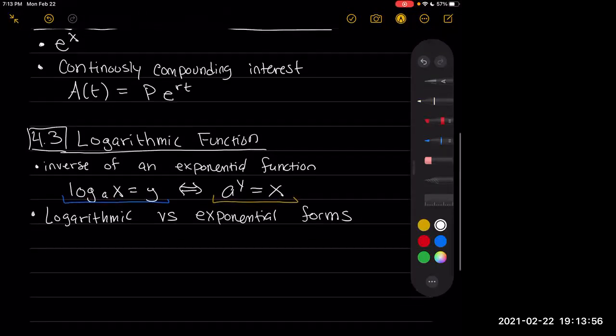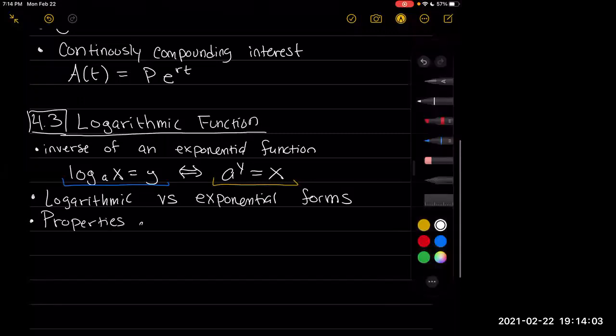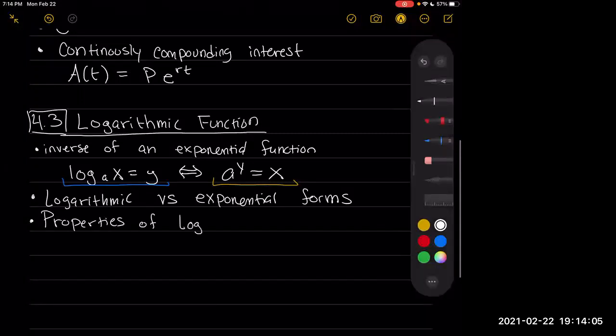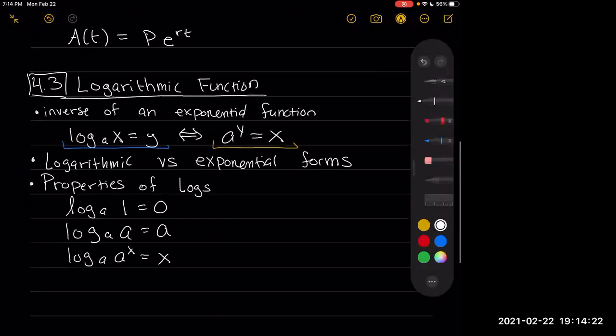And then we also learned the properties of logs. So we had that log a of 1 equals 0. Log a of a is 1. Log a of a to the x is x. And a to the log a of x also equals x.